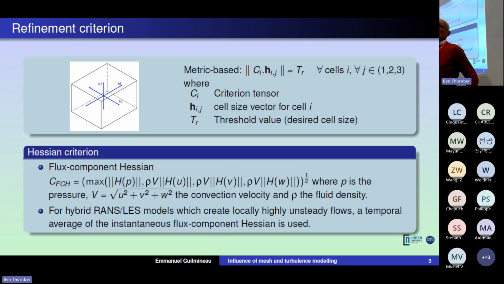I use the flux Hessian. You have the definition here. It's blended between the pressure and the convection velocity. And for the hybrid RANS/LES model, we use a temporal average of the instantaneous flux Hessian.